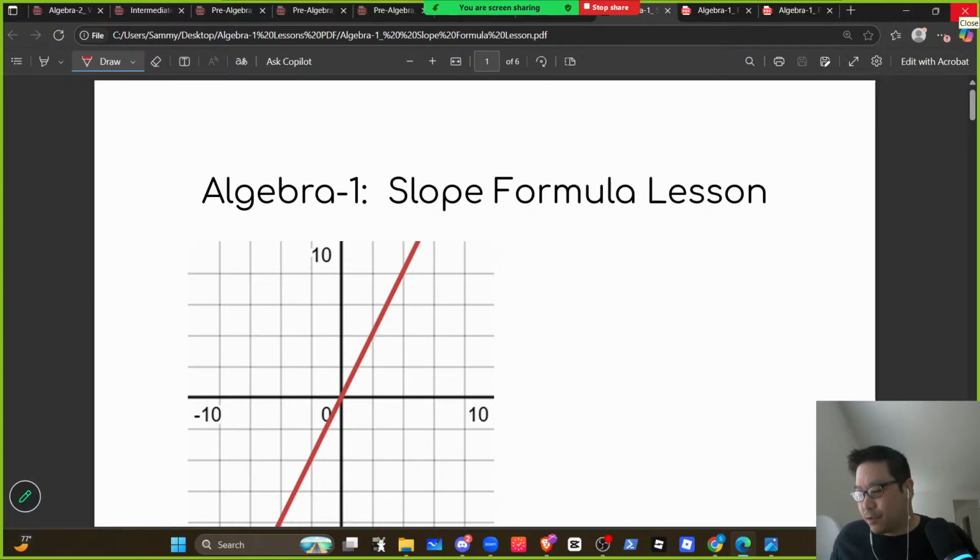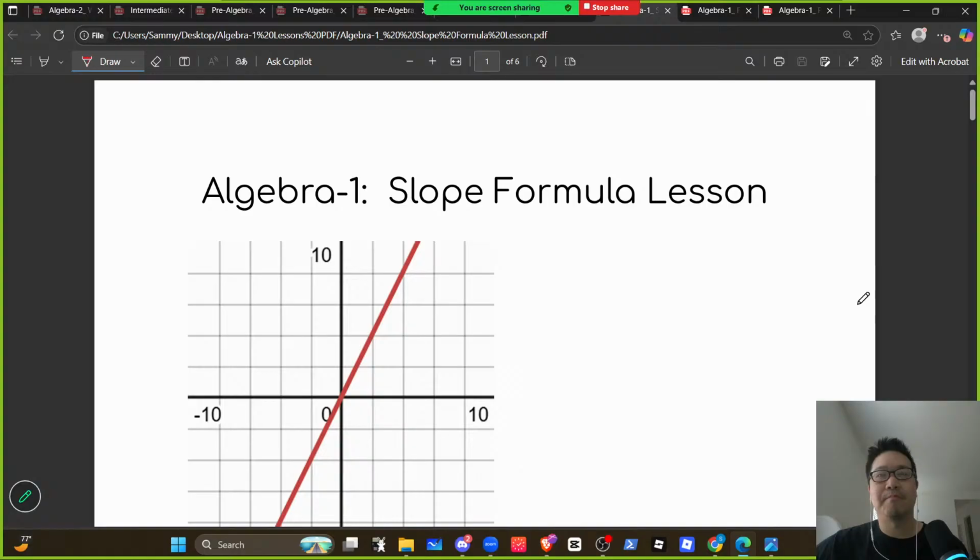Which is super important because you see it all over the place. You see this in Algebra 1, 2, pre-calculus, calculus, and beyond. It's a fundamental concept in both math and physics and any kind of engineering field. Actually, slope comes up literally everywhere, like statistics, all the sciences.